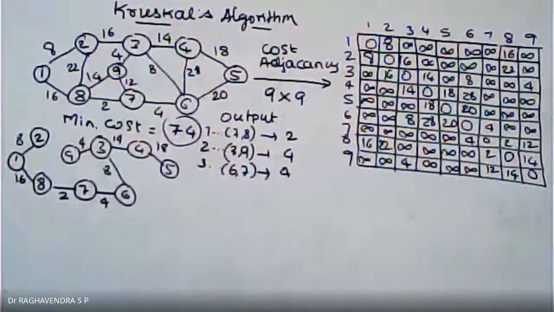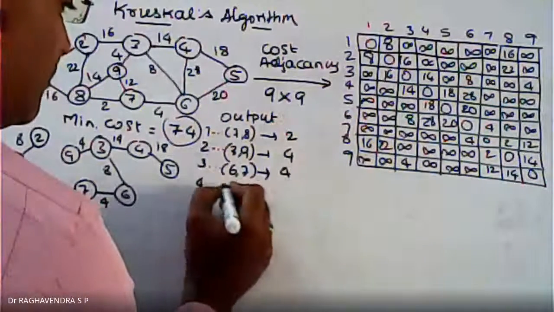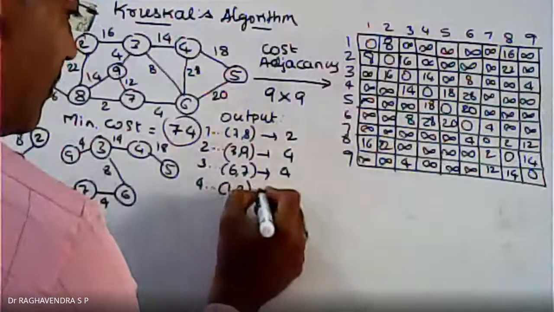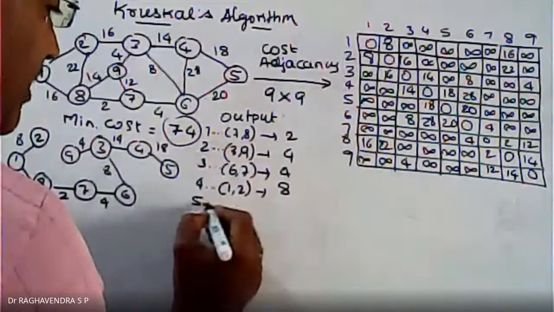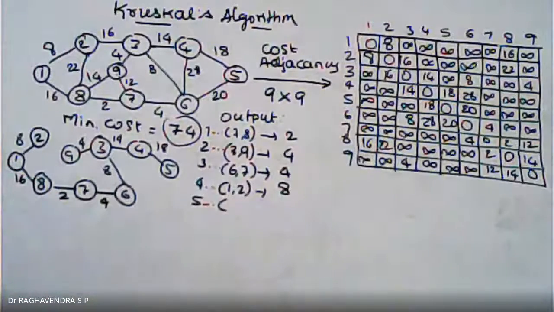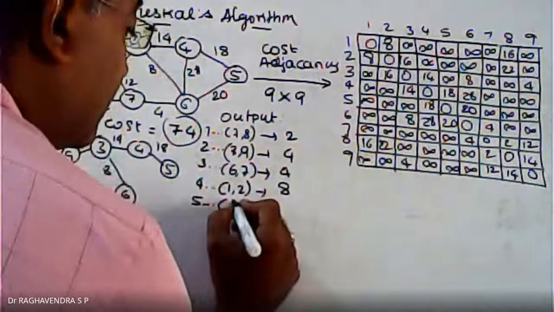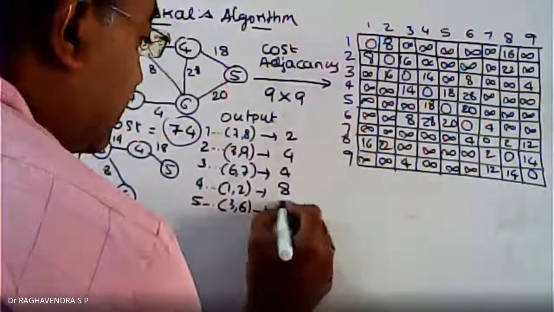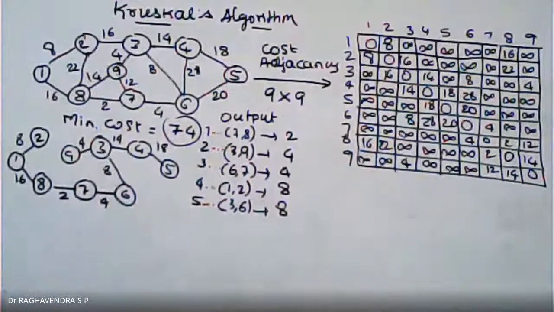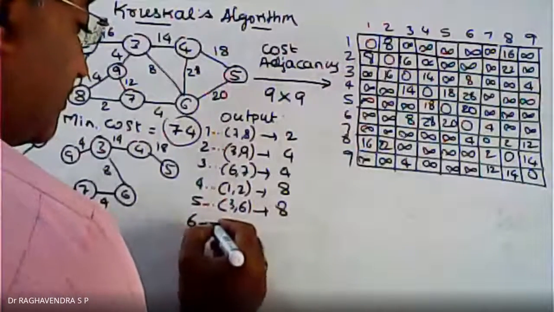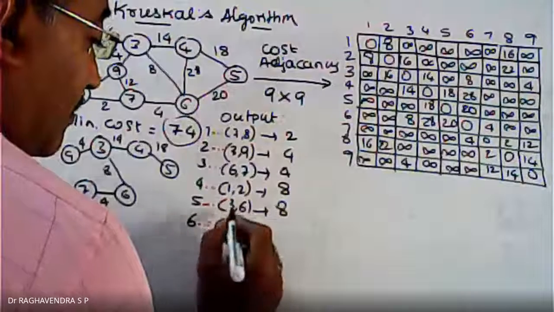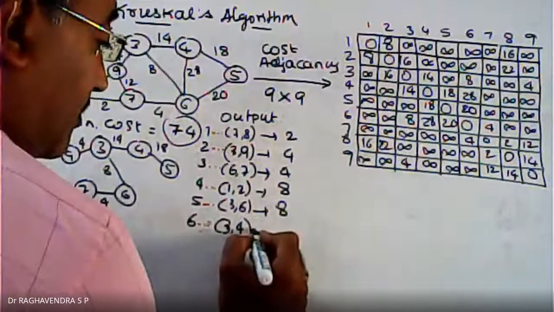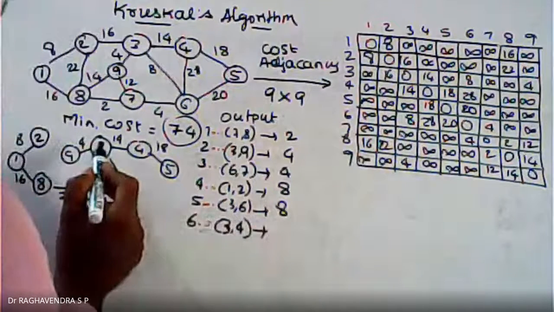The fourth one is 1 to 2, which is 8. Then the fifth one is 3 to 6, 8. The sixth one is 3 to 4, which is 14.